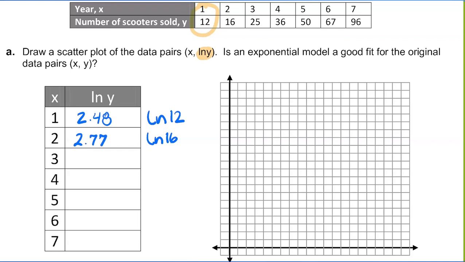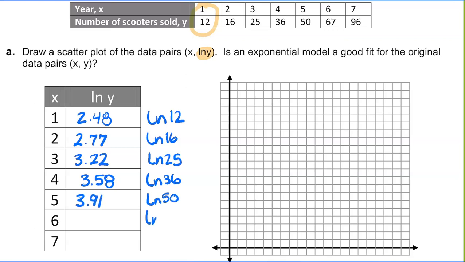At 3, we're at 25, so it's the natural log of 25, which is 3.22. At 4, we're at 36, so it's the natural log of 36, which is 3.58. At 5, we're at 50, so it's the natural log of 50, which would be 3.91.